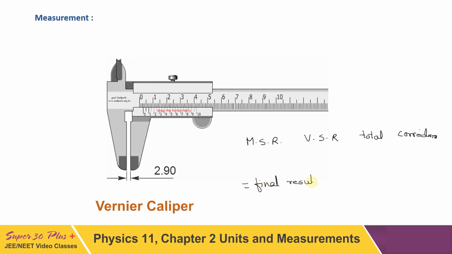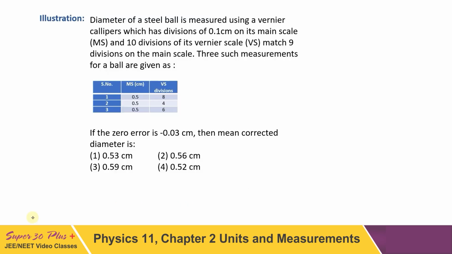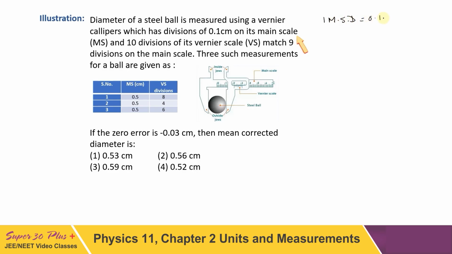Now with the help of one example we can see. Here is one illustration I have taken, where the diameter of a steel ball is measured using a vernier caliper. Different readings are given there. It has divisions of 0.1 centimeter on its main scale. So one main scale division is given as 0.1 centimeter. Then it is said 10 divisions of the vernier scale coincide with 9 divisions on the main scale.